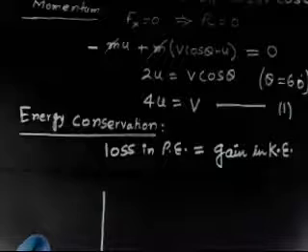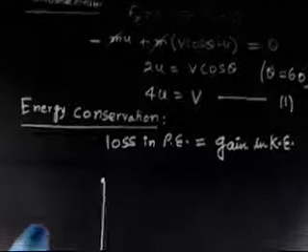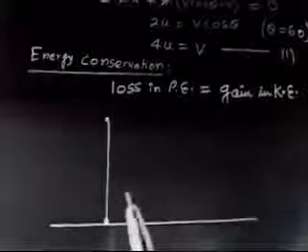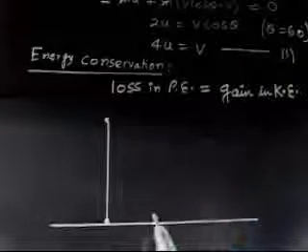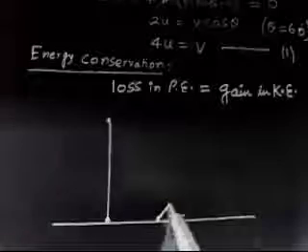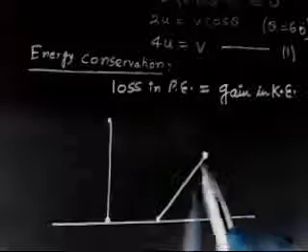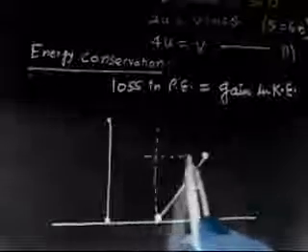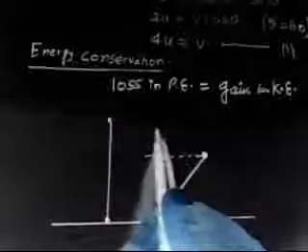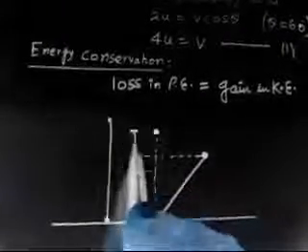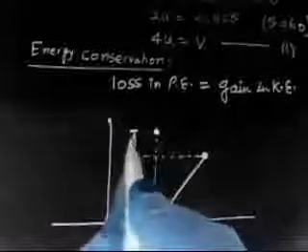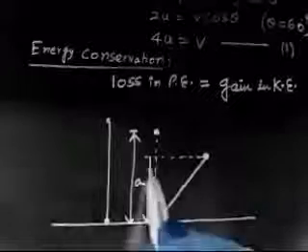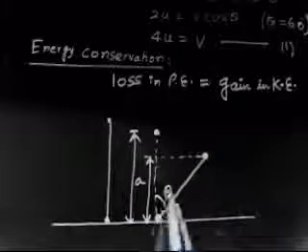So initially the system is here. Now this has basically fallen something like this. So this is the loss in potential energy. So this height is initially A. Now this height is A cos theta, because this angle is theta.